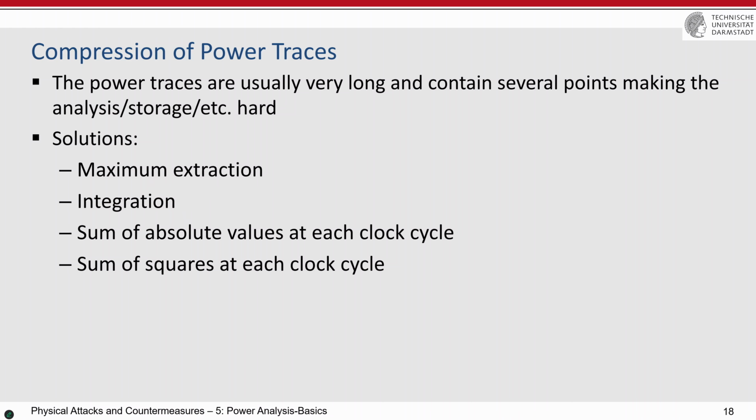But the curves that you get for the attacks are not that nice, but still the attack is possible. Or you get an integration over every clock cycle, which means you have to cut the traces into clock cycles and then integrate, or sum up the values, or sum the absolute value of each clock cycle, or the sum of the squares of each clock cycle.